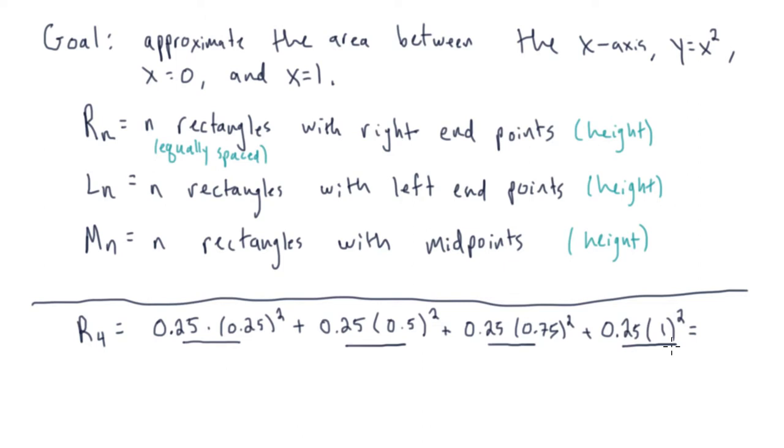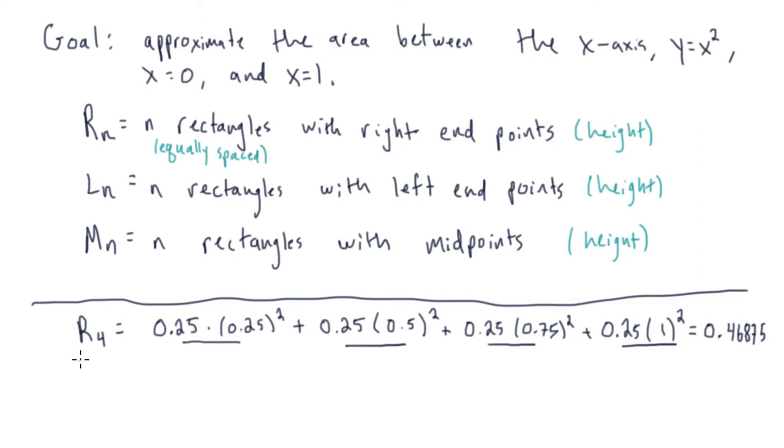Well, you just do it, and you get 0.4685. Okay, so that is the approximation using 4 equally spaced rectangles with right endpoints for the height of the area between the x-axis, y equals x squared, x equals 0, and x equals 1.